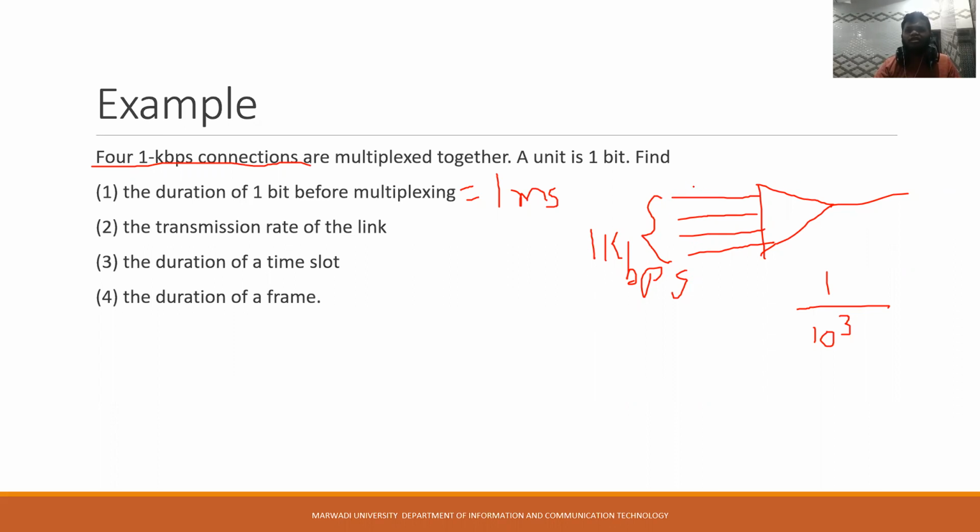So in 1 second, all this data should be transmitted. So we should have a transmission rate of n into 1 kbps. n is nothing but the number of connections. So it would be 4 into 1 kbps. So the transmission rate would be 4 kbps.